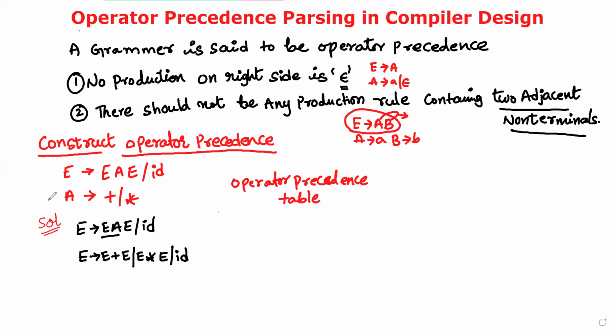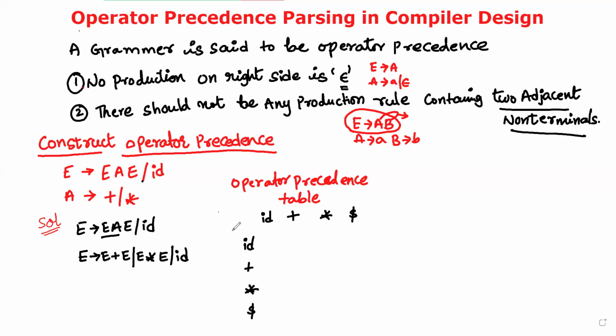When you construct it, you must write only terminals, excluding non-terminals. Here E, A, E are the non-terminals and the remaining values are terminals. The first value is ID, second is plus, third is star, and last is dollar. Similarly I can write the same above: ID, plus, star and dollar. So this is called the operator precedence table.